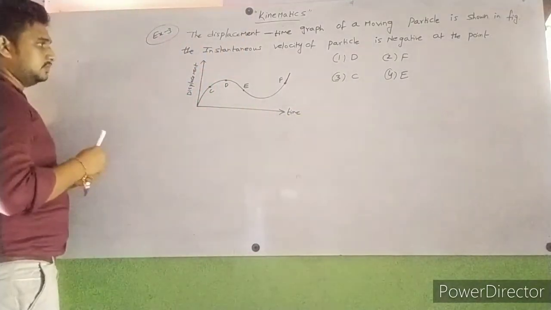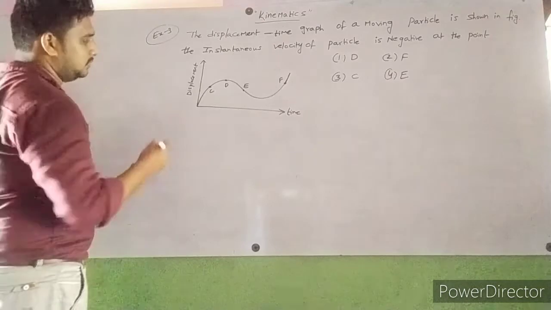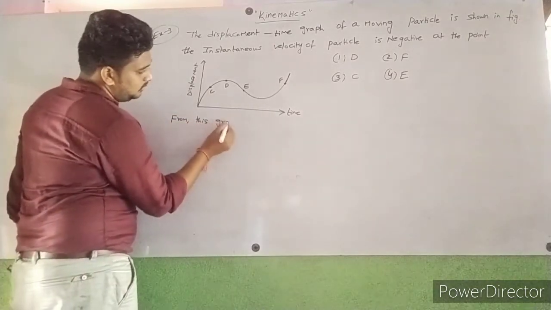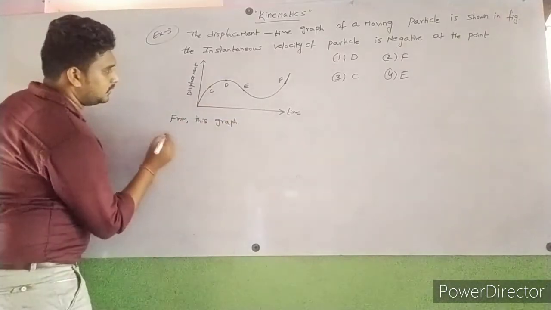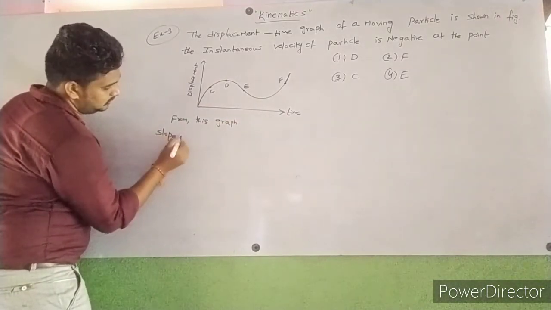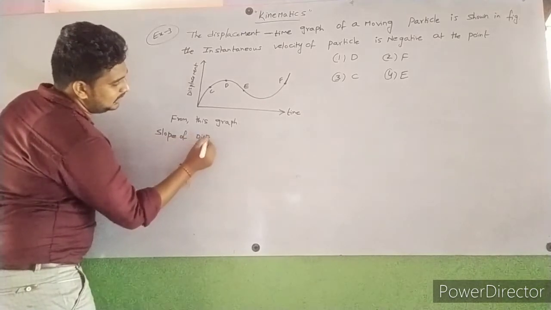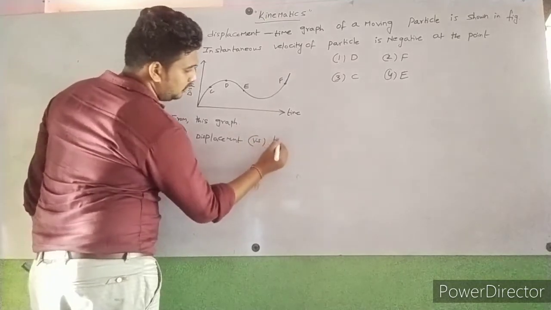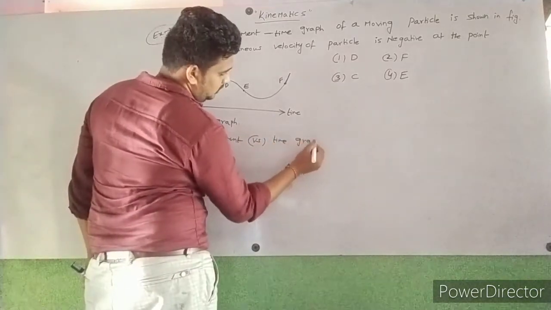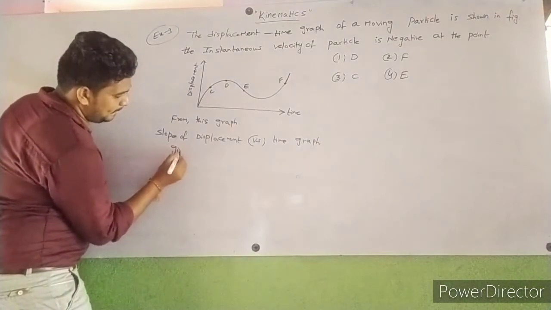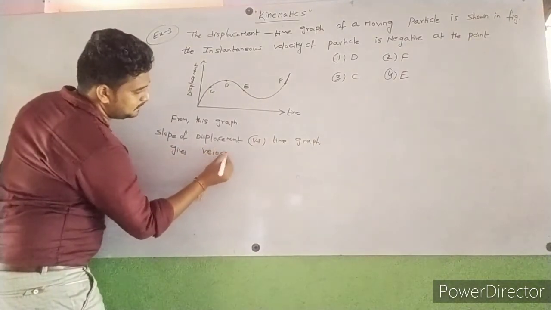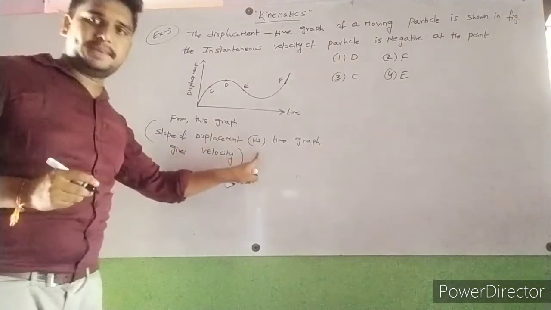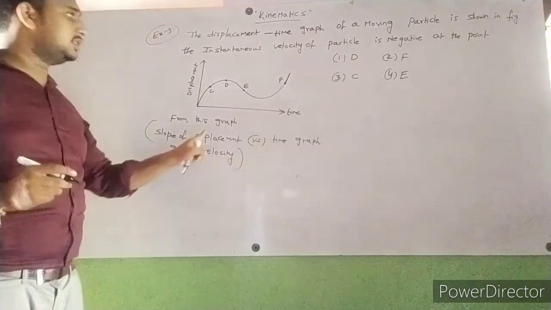From this graph, the slope of the displacement versus time graph gives velocity. This is a very important point.